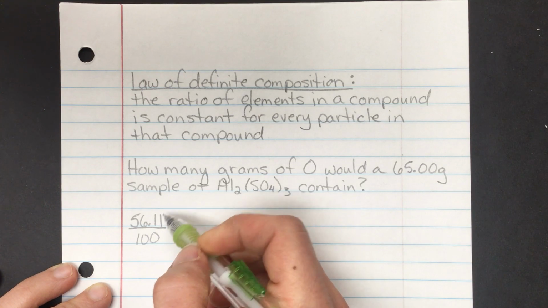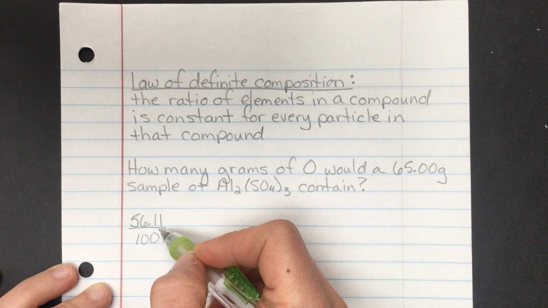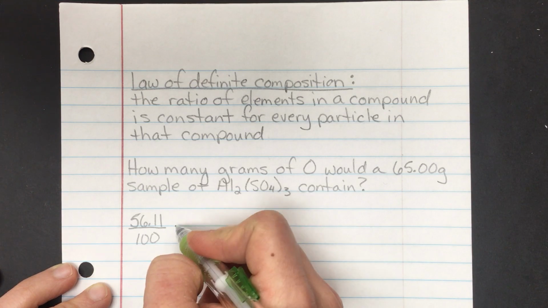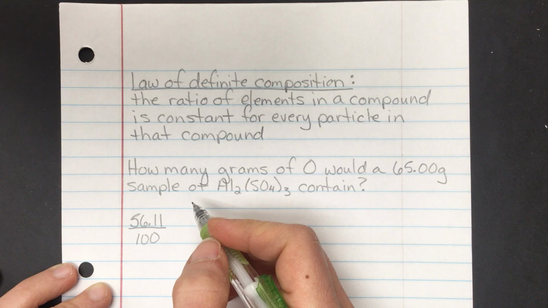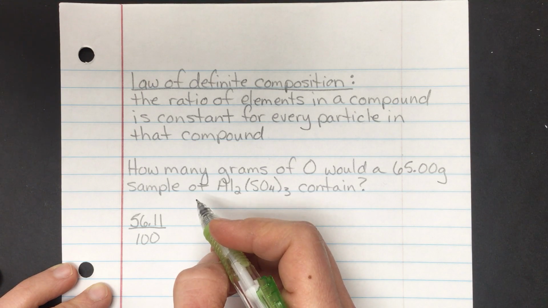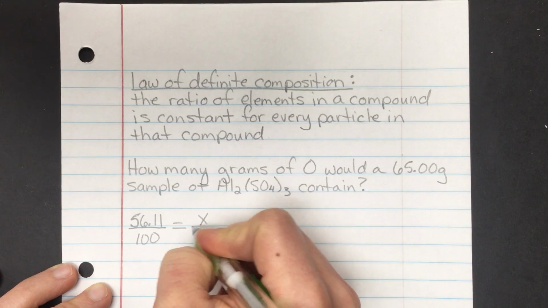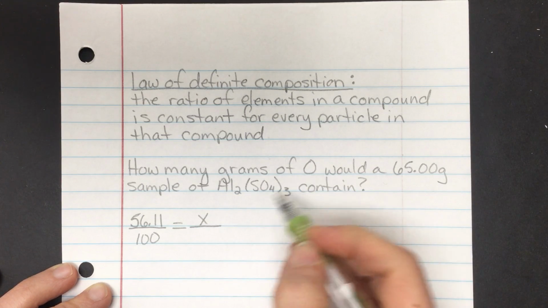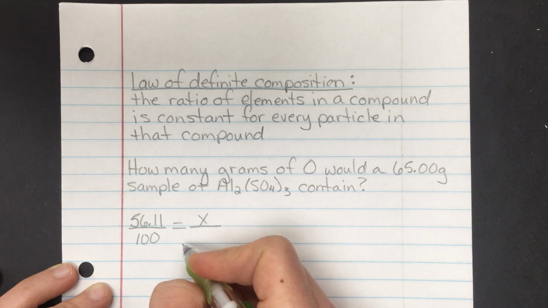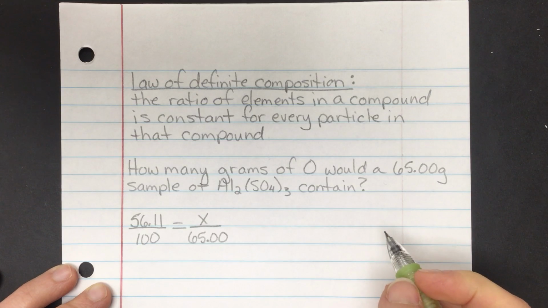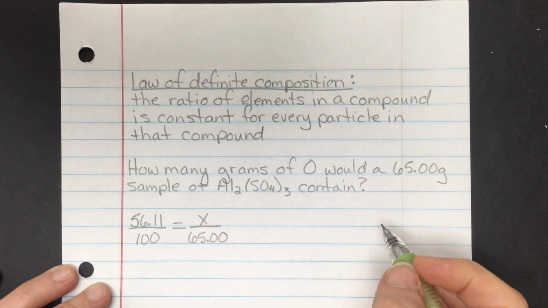I know that there are 56.11 grams of oxygen in a 100-gram sample of aluminum sulfate. So I can set up this proportion. And I know that I can put an X for the part, because that's the oxygen, over the whole of 65 grams. And so then I just cross multiply.